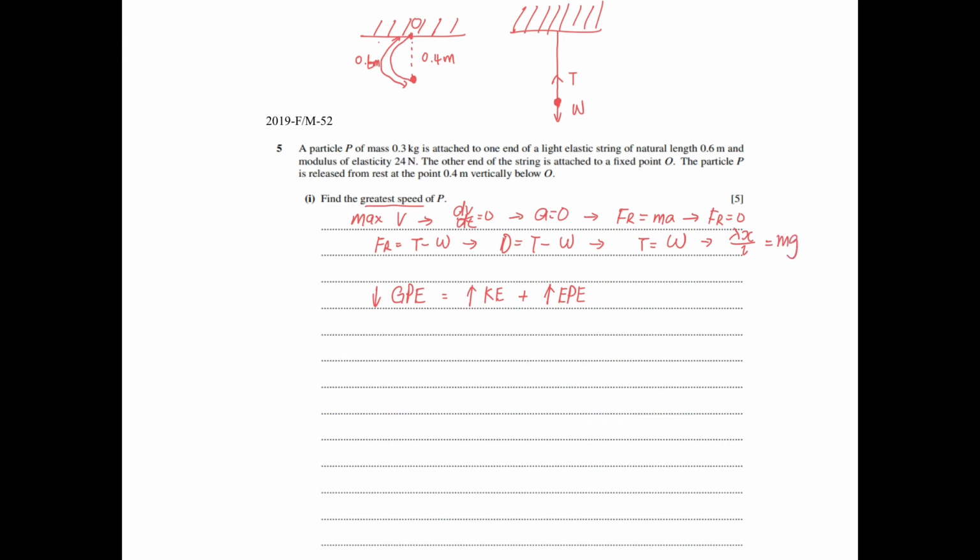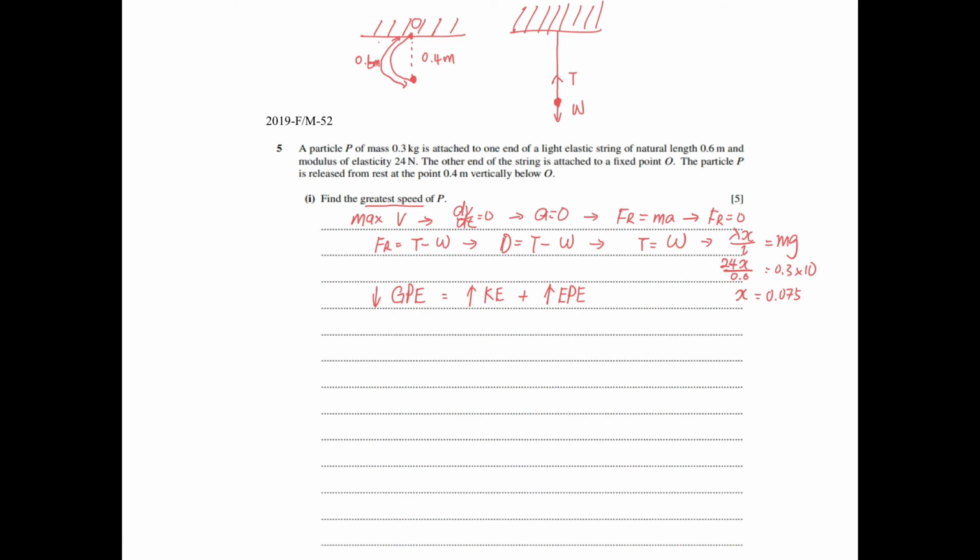Now we substitute values: 24, extension unknown, natural length 0.6, m is 0.3, g is 10. So we can get x equal to 0.075. We get the extension already. This is the moment when greatest speed happens, when the extension is 0.075.